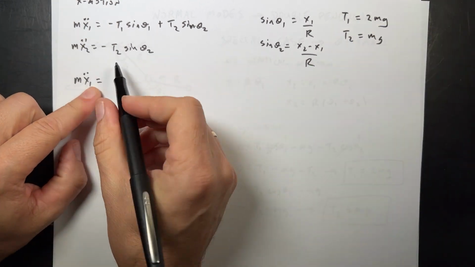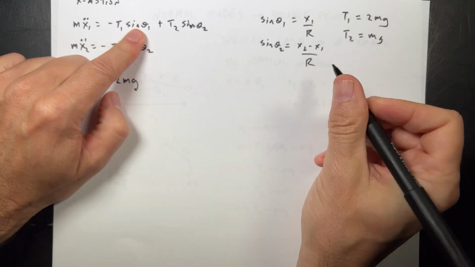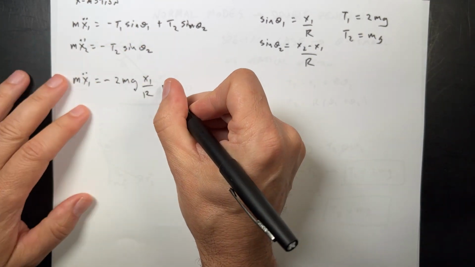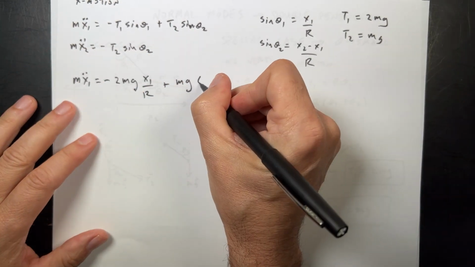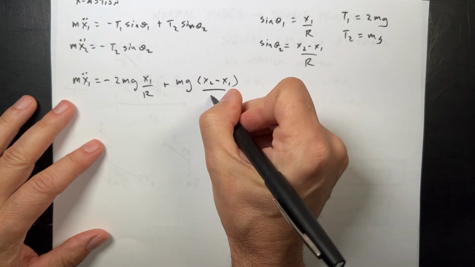So if I put that in, I get negative 2mg. Sine theta 1 is x1 over r, plus mg times sine theta 2, which is x2 minus x1 over r.